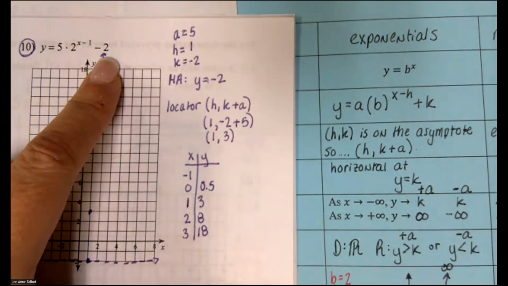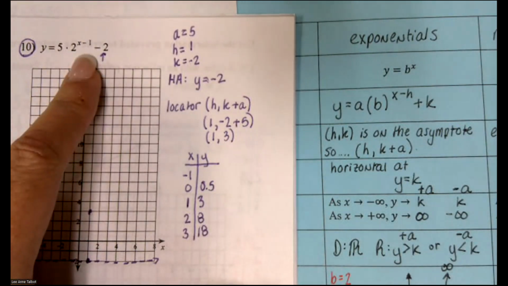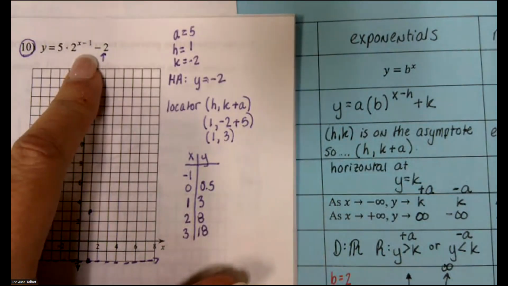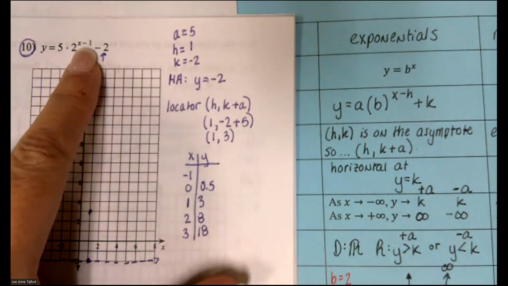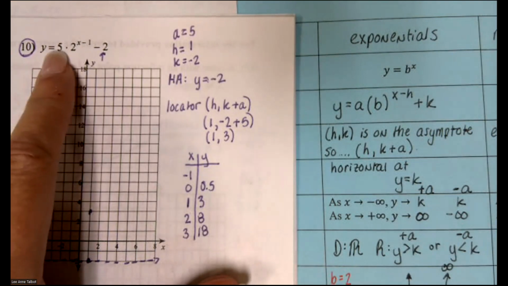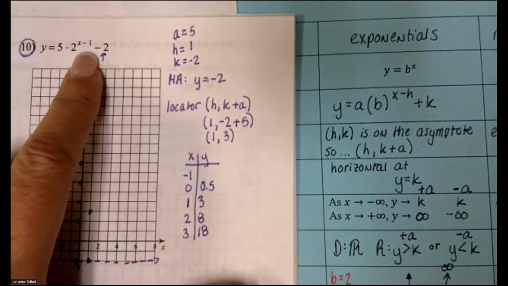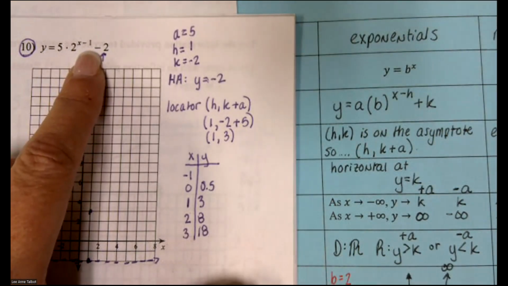Yeah, it's crazy. Okay, now let's see if we can do this one. -1 minus 1 is -2. What's 2 to the -2? 1/4. 5 times 1/4 is 1.25. 1.25 minus 2 is -0.75.